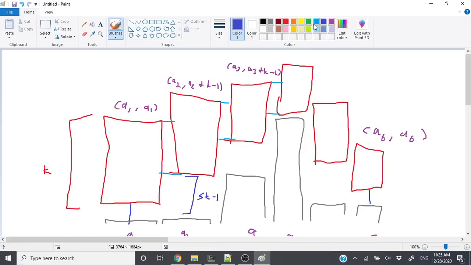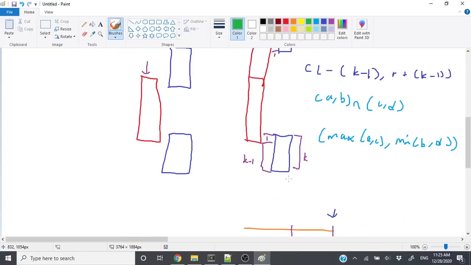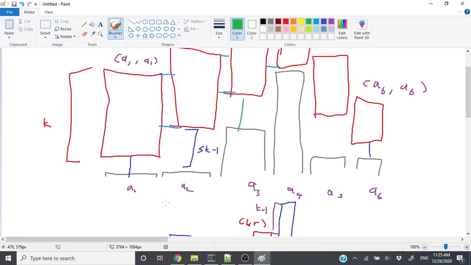But the point is that we're just intersecting two intervals: the interval given to us by the first constraint, that we have to build within a certain height from the ground, and the second constraint, that they have to intersect. So we find the interval for the first one based only on itself. We find the interval for the second one based on the previous one and its own constraint. We find the interval for the third one based on the previous one and its own constraint, and each time we just intersect.